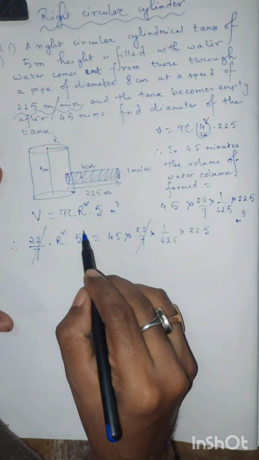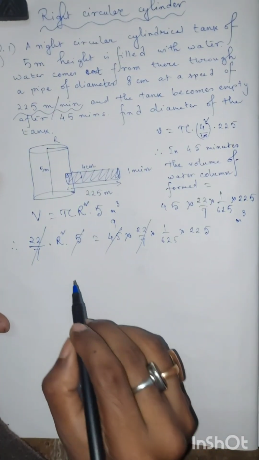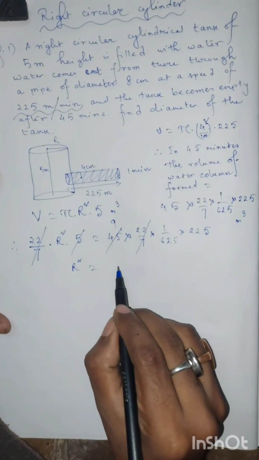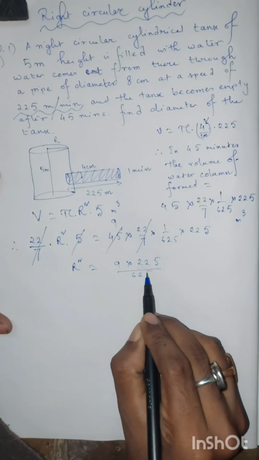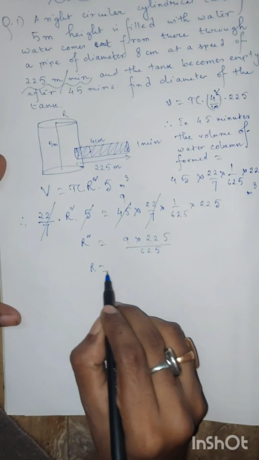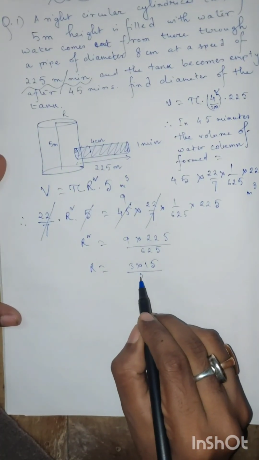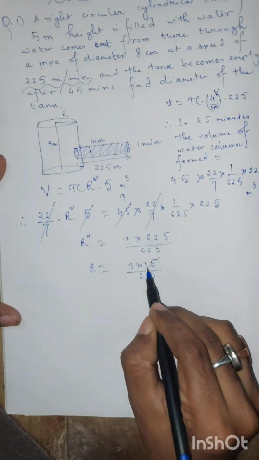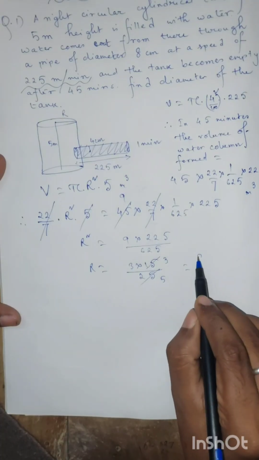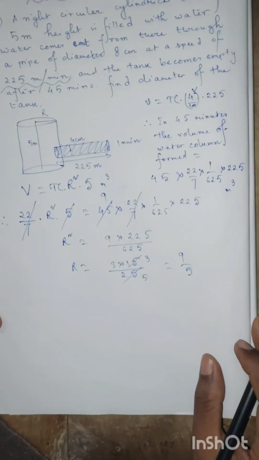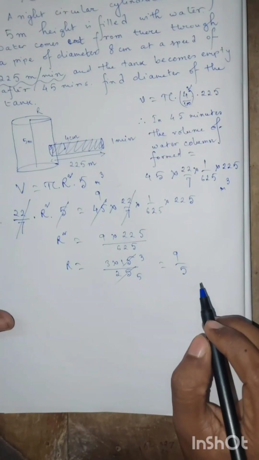Now we can cancel 45 by 5. So this is 9. So R square is equal to 9 into 225 by 625. So R should be equal to 3 into 15 by 25. So if we cancel this by 5, we are getting 9 by 5. So this is our radius.